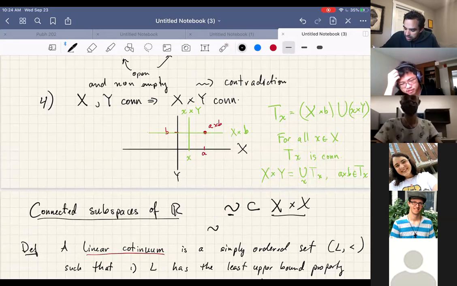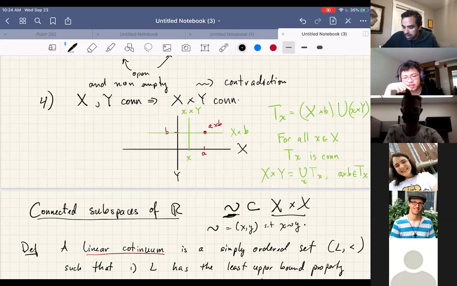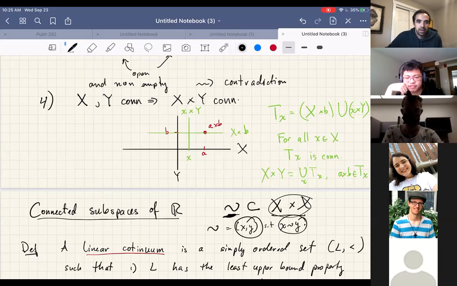It consists of all x comma y such that x is related to y, but it's defined as a subspace of X cross X. The point is that we just write this as that in practice. But you should think of it as a collection of pairs.